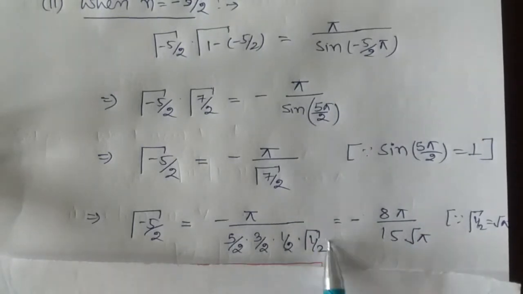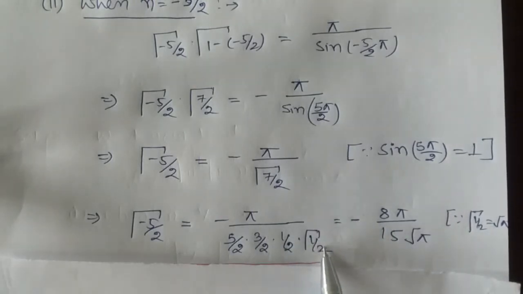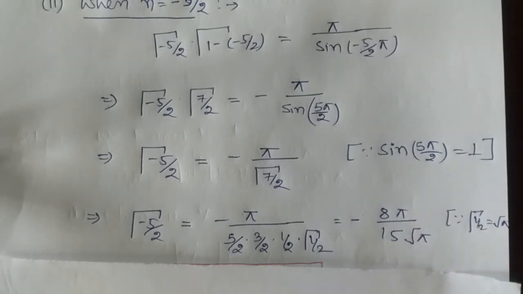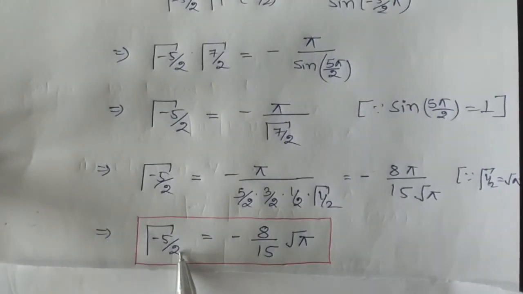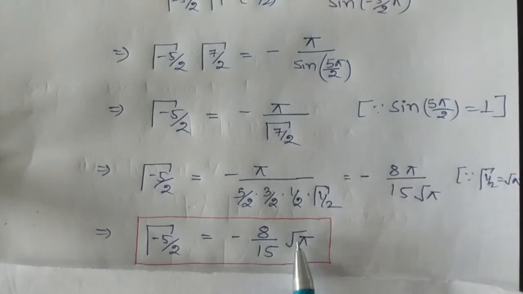We simplify this, we get minus 8 pi upon 15, and gamma half is root pi. So pi upon root pi becomes root pi. So finally we get the value of gamma minus 5 by 2 equal to minus 8 root pi upon 15. So this is the value of gamma minus 5 by 2.